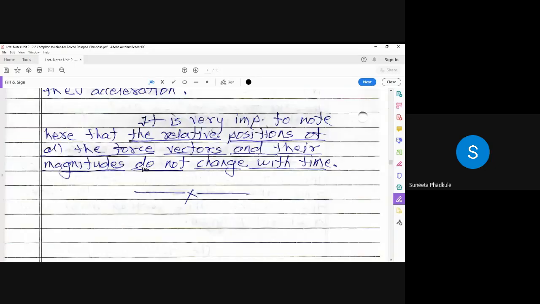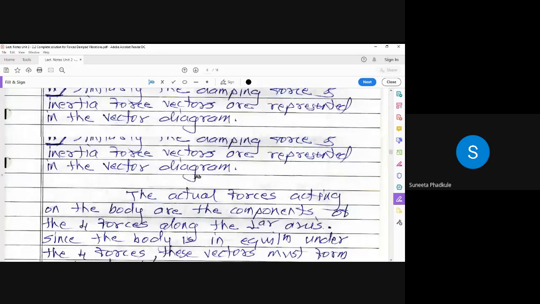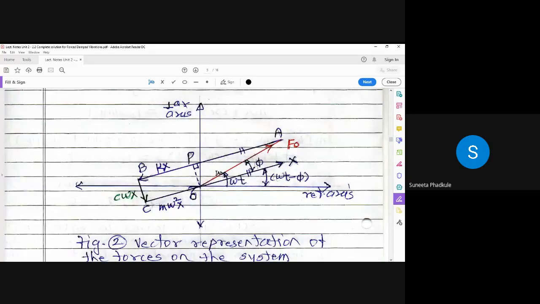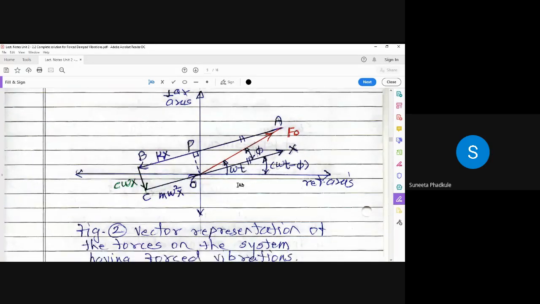For that purpose, let us study this diagram. This is a force vector diagram. So look here. This is FO, which already we have drawn in the next diagram. You know how to draw it. It is making angle omega t with the reference axis. Then from FO, we have drawn the spring force vector.